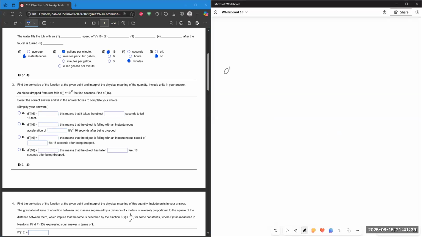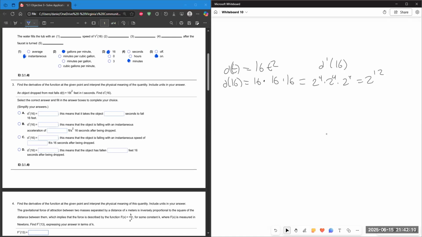Now we have d of t is equal to 16t squared. We want to find d prime of 16. So d of 16 is 16 times 16 times 16. That is 2 to the fourth times 2 to the fourth times 2 to the fourth, which is 2 to the 12th.